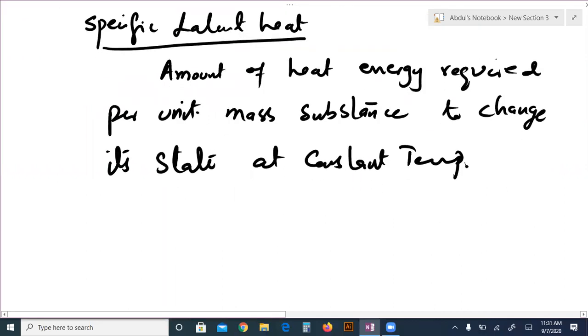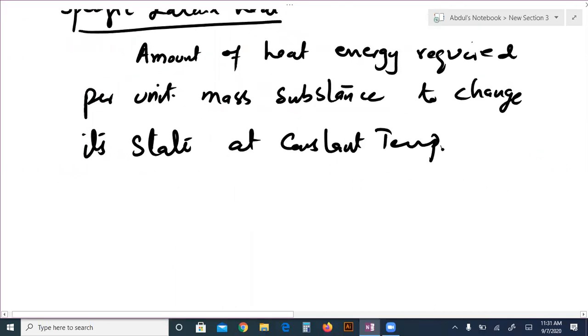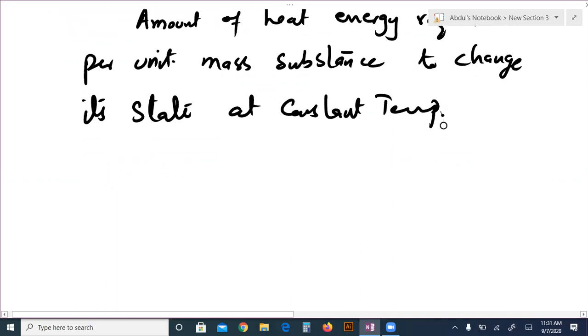So the amount of the heat energy required per unit mass of substance to change its state at constant temperature is called specific latent heat.